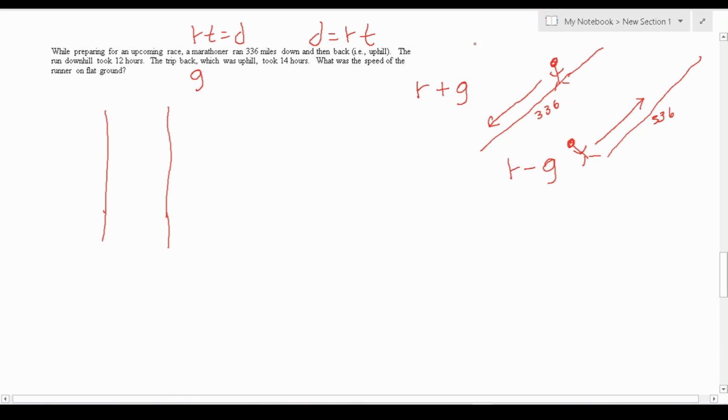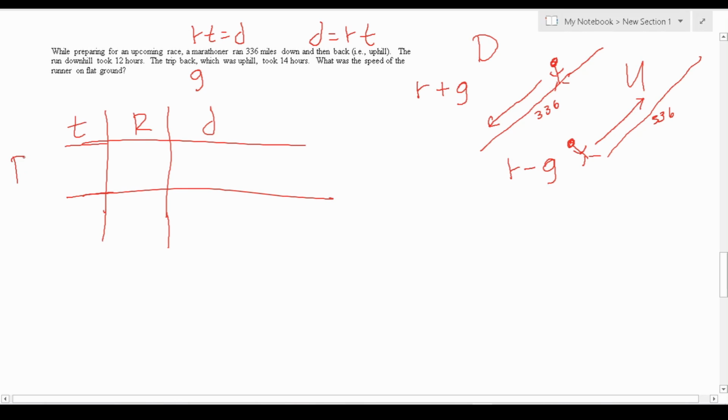And let's call this one downhill and uphill. And I'm going to put time here, rate here, and distance here. This is going to be downhill. This one's going to be uphill. We're told that downhill it took 12 hours.